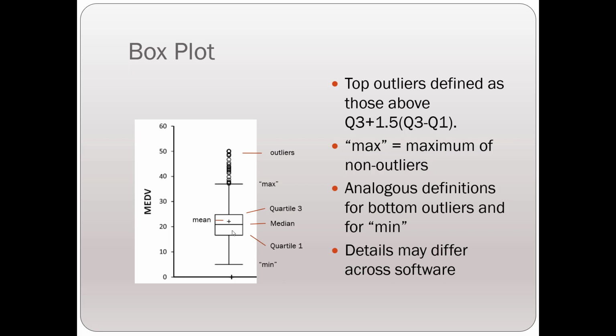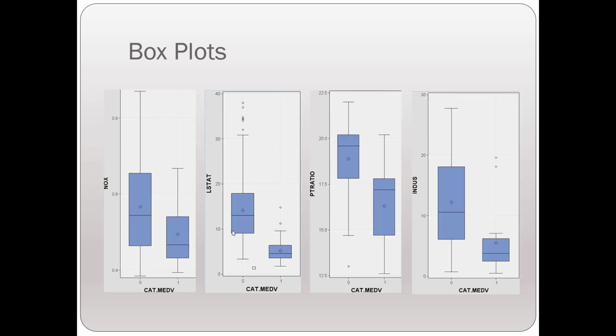But if the skew is severe, then you may have to do some transformations like log transformation or exponential transformation, or even some standardization like z-score standardization or range standardization. So here are some examples of box plot. Again, we will generate these box plots in SAS.